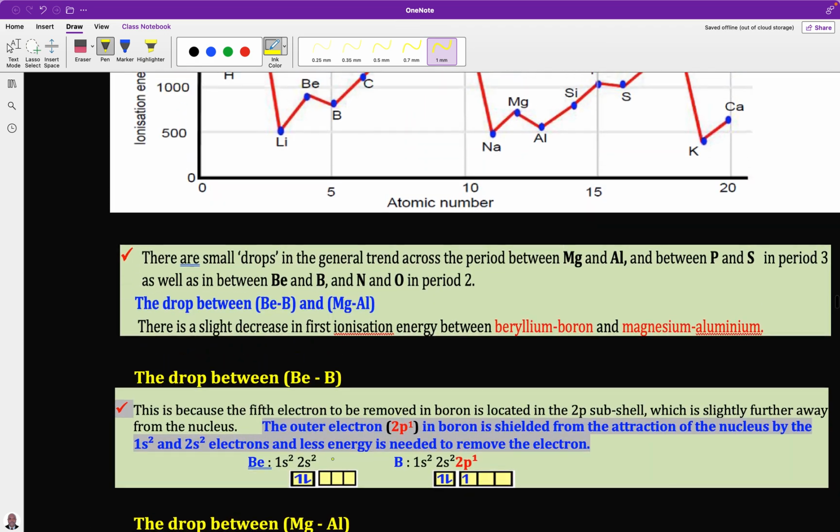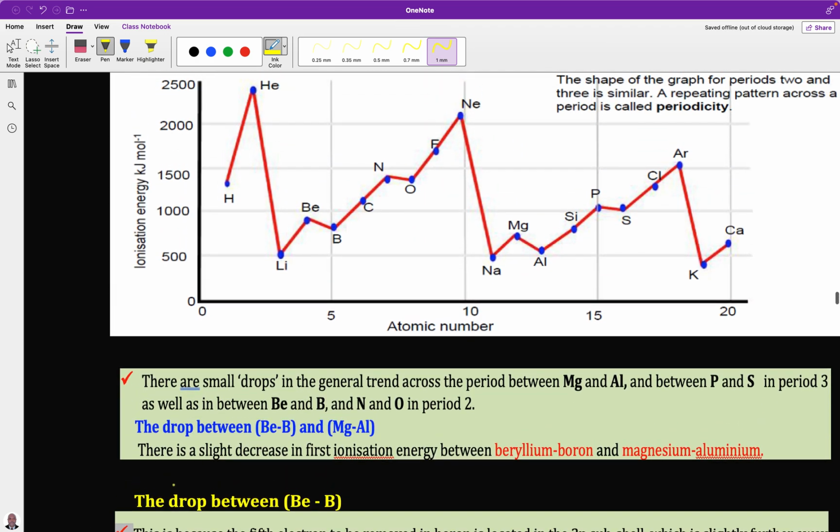Then, now, other factors will also influence the ionization energy across the period. One, the general increase in the positive nuclear charge. Because as you go across the period, there is a consistent increase in the number of protons, and this results in a general increase in the positive nuclear charge.